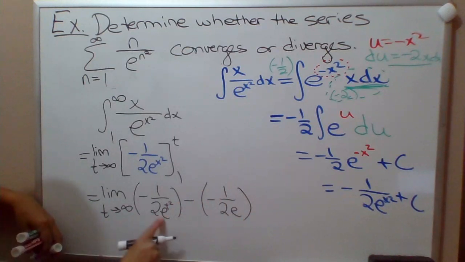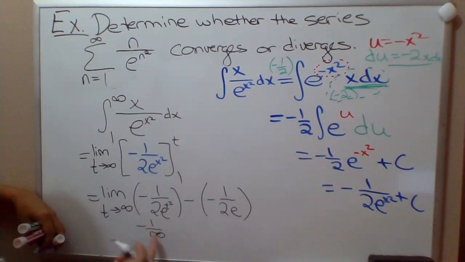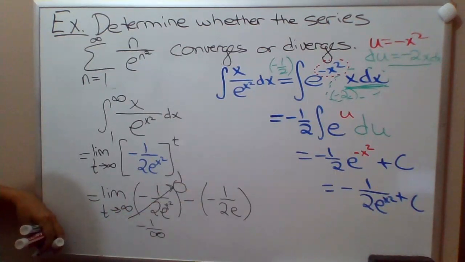Now as t approaches infinity, this limit right here has the form negative 1 over infinity. The denominator is increasing without bound. As t approaches infinity, e to the infinity is going to infinity. Negative 1 in the numerator doesn't matter, because it's just a finite number over infinity. This is approaching 0 as t approaches infinity.